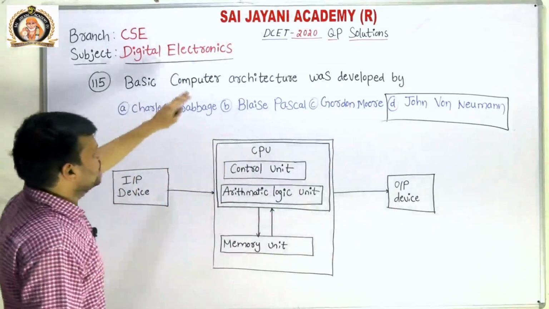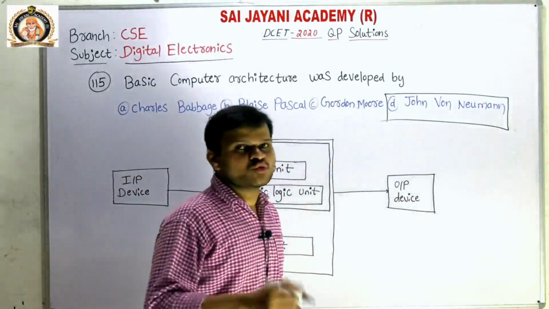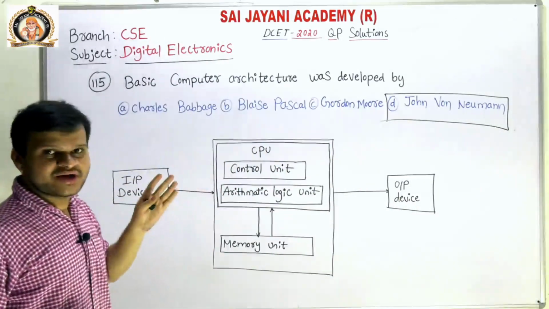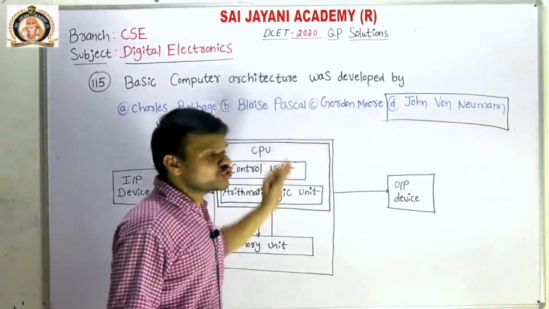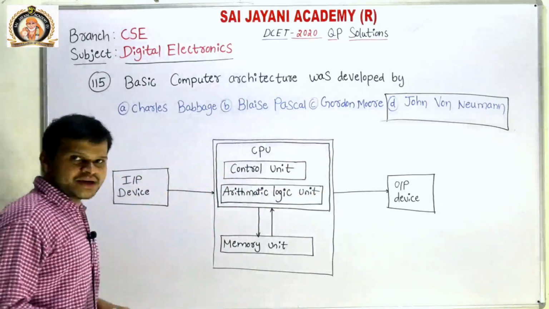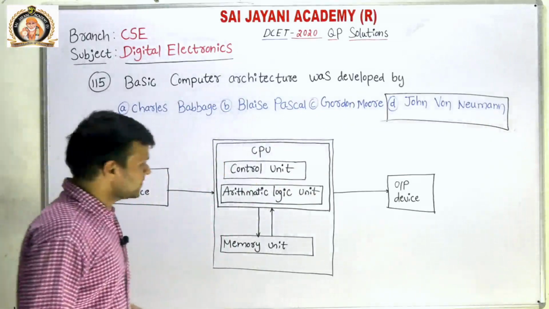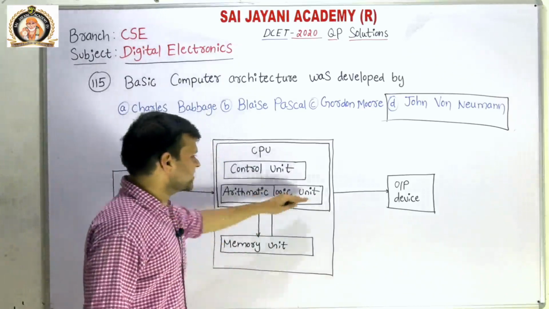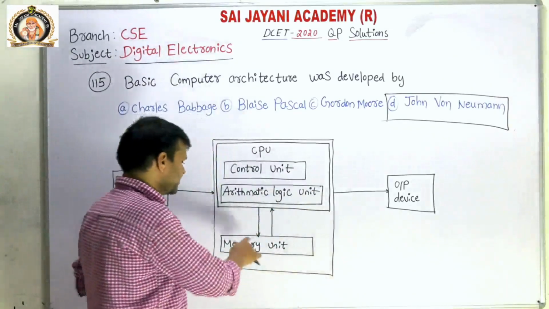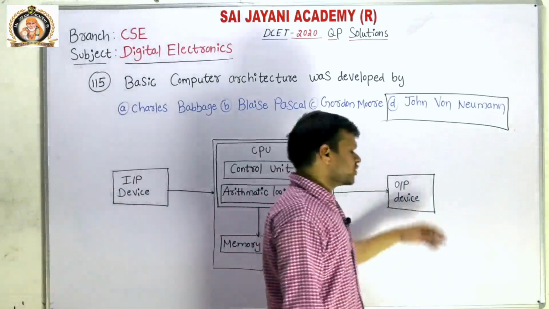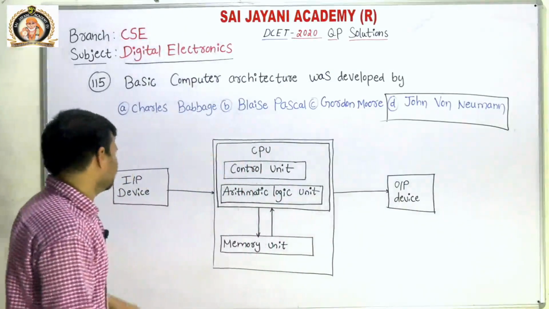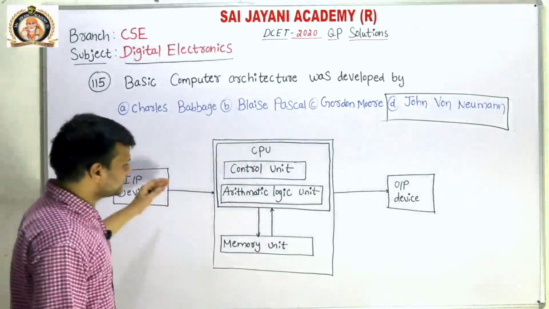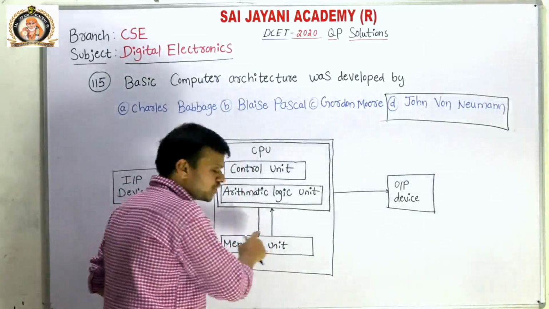Here the basic computer architecture is also called the von Neumann architecture, and this is the diagram for the basic computer architecture. In this diagram we have mainly the input device and the CPU. Inside the CPU we have the control unit and the arithmetic logic unit, and we also have the memory unit as well as the output device. When we write any program using the input device, that program is stored in the memory unit.